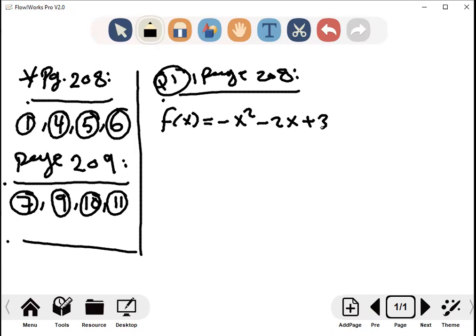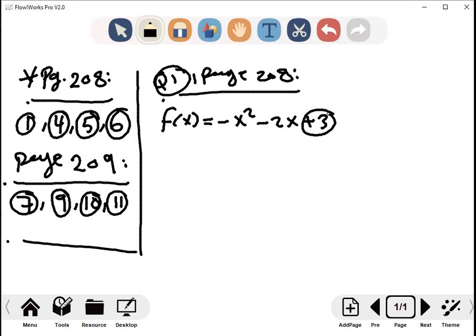But what is the y-intercept here? 3. Where is the graph with y-intercept 3? A or B? In B we have 1, 2, 3. In A also we have 1, 2, and 3, right?